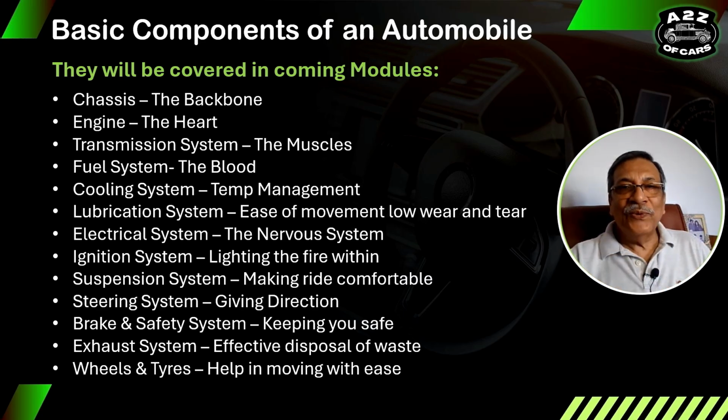Messages are passed through various nerves. It's the same way. Suspension system, making the ride comfortable. Then steering system that gives the direction. Brake and safety system that helps keep everyone safe inside the car and even outside the car. Exhaust system, effective disposal of waste. Wheels and tires help in moving with ease. So these are the basic components of an automobile. We will cover all these components one by one in different modules.